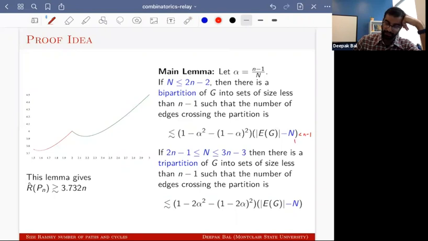Then you won't have a red Pn. And similarly, we don't know how many vertices the graph G will have, but if it has between basically 2n and 3n vertices, then you can tripartition the vertices into sets of size less than n minus 1. So the number of edges crossing is like this.